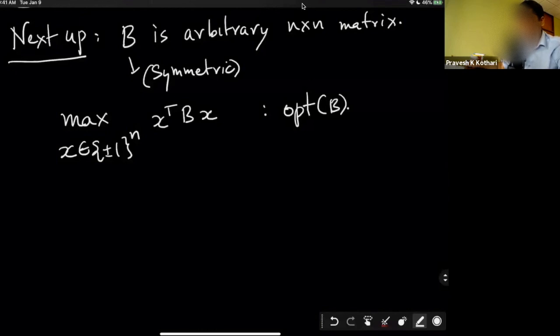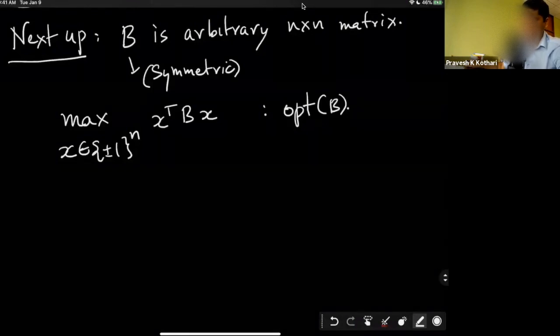So for me to keep talking about approximation factors in a multiplicative sense, it had better hold true that opt of B is non-negative. So what we'll do now is some basic stuff that at least confirms this. It's all very simple. It just follows from homogeneity, but I want to make sure we are all on the same page here.